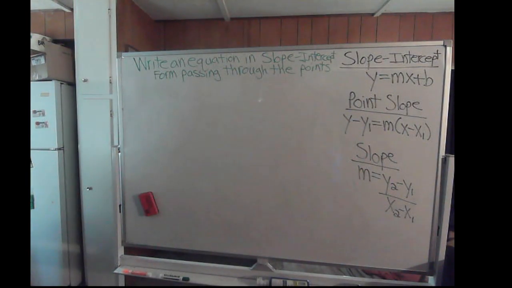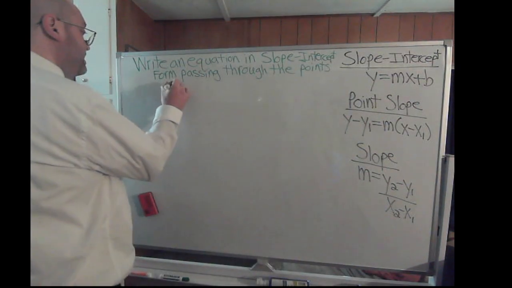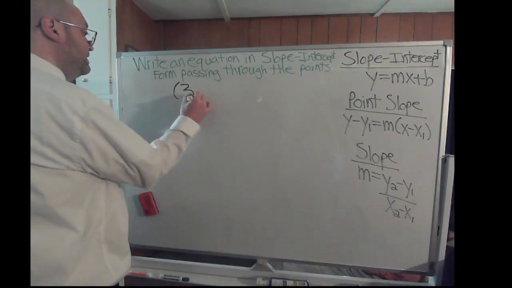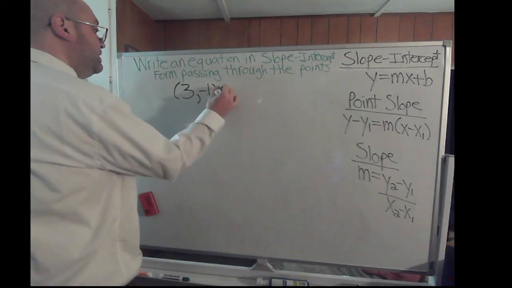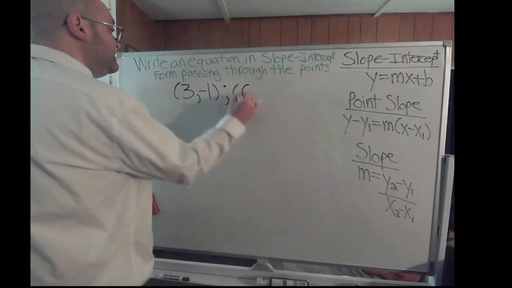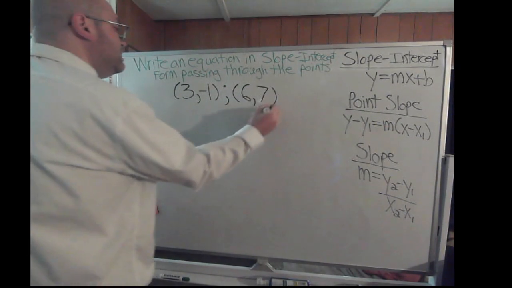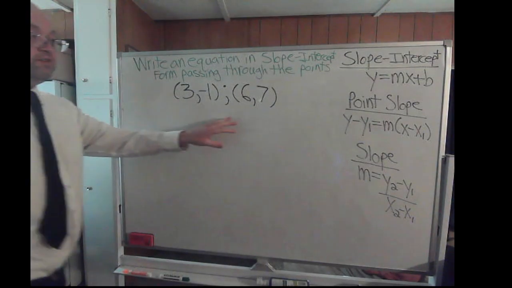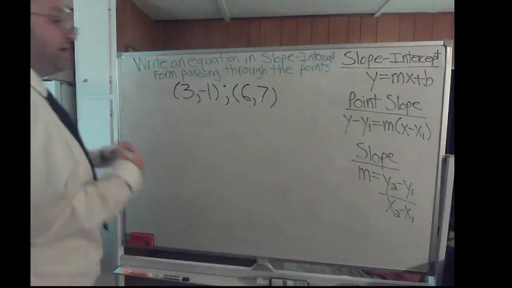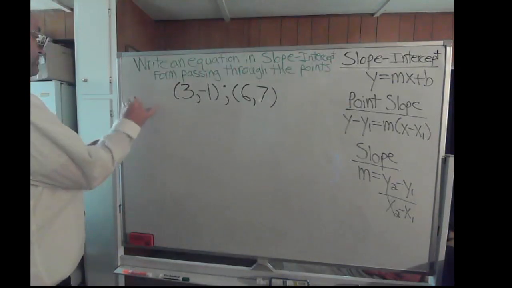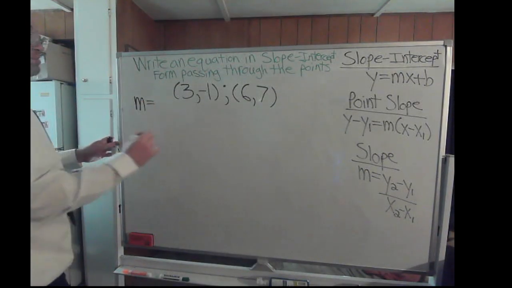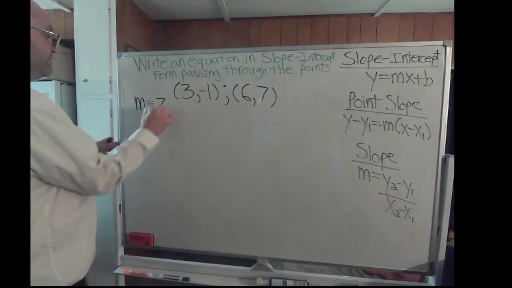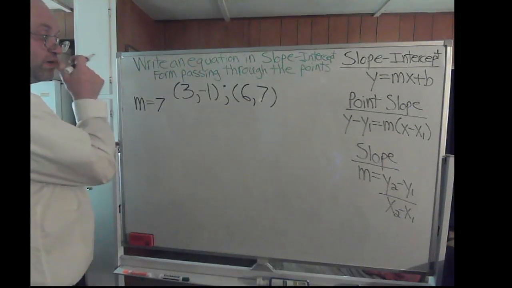Six more. Let's see. We have the points 3, -1, and 6, 7. So this particular line runs through the points 3, -1, and 6, 7. Well, start out by finding your slope again. So the slope is your second y-coordinate of 7 minus your first y-coordinate of -1.